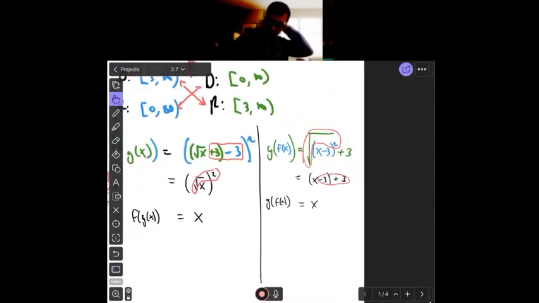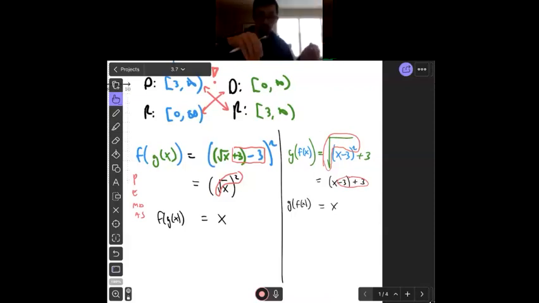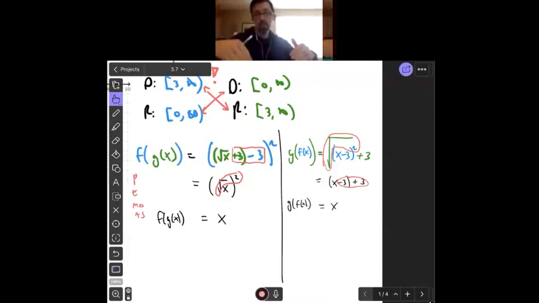So what we just saw here, and this isn't something you guys have to worry about too much, is how you prove if functions are inverses of each other. If you plug them into each other and both times they simplify down to x, then those are inverse functions. Okay? You do have to check both of them. You have to do f of g and g of f.